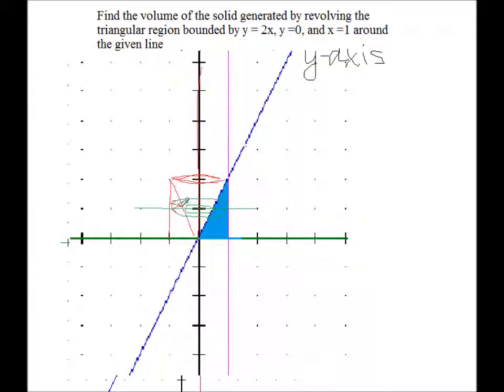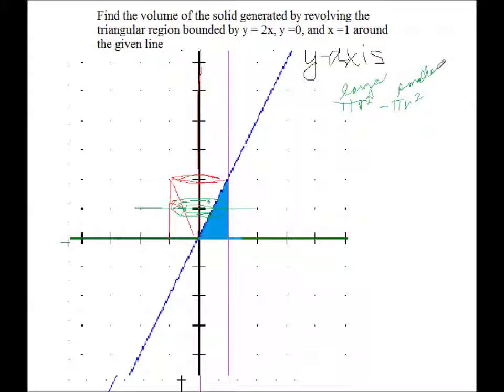And if we could find the area of one of those cross sections, which is going to be pi r squared, pi r squared minus pi r squared, the larger one minus the smaller one.